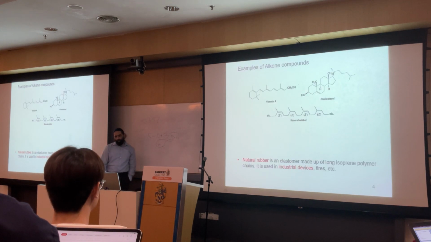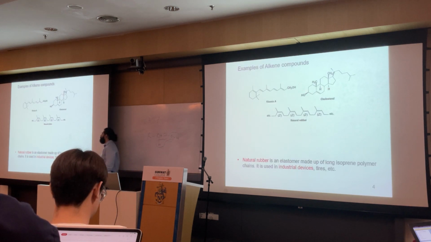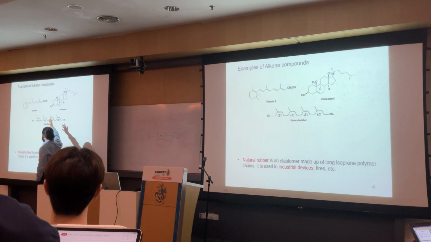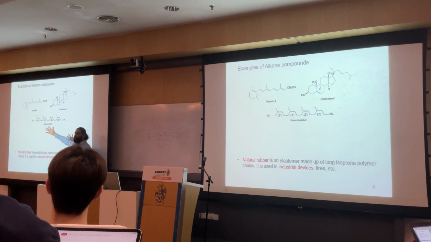Right, so here are a few examples of very interesting alkene molecules. For example, vitamin A has so many carbon-carbon double bonds, and it is important for eyesight. Cholesterol, a very important steroid, has a carbon-carbon double bond in there.